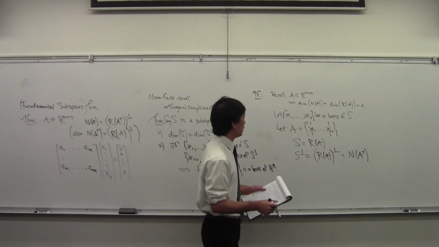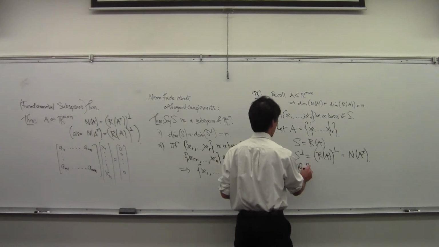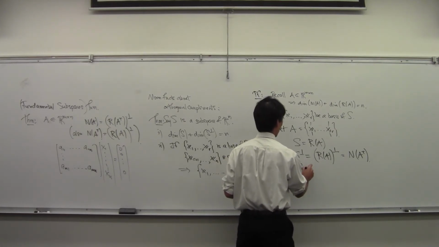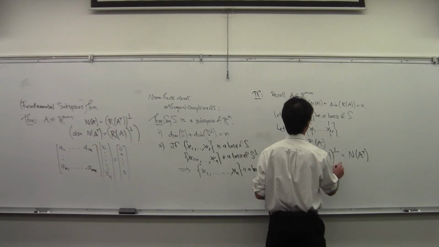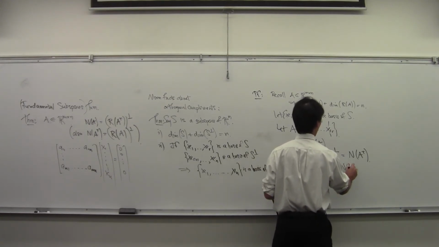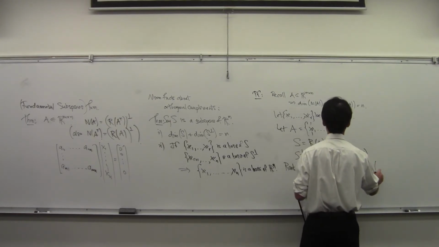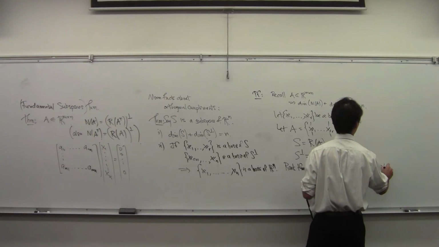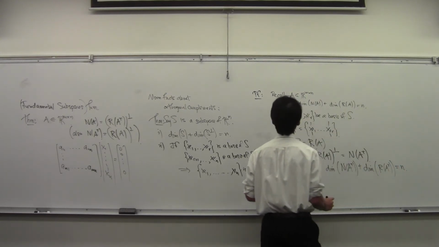Now, the rank theorem says that the dimension of the null space of A perp plus the dimension of the range of A perp is equal to n.